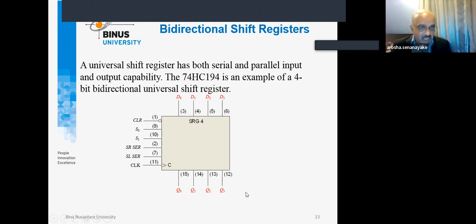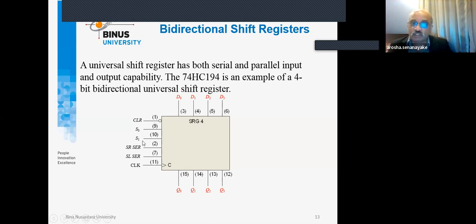The expectation is parallel in and parallel out. It is 4-bit bidirectional, and we have quite a big number of control signals. You can see the clear signal as usual.